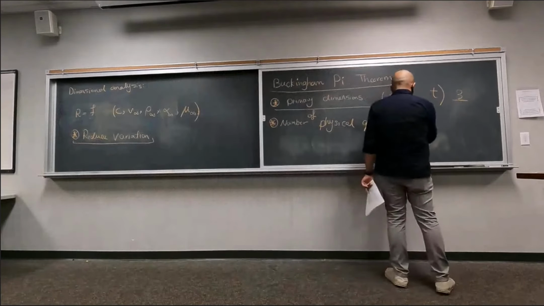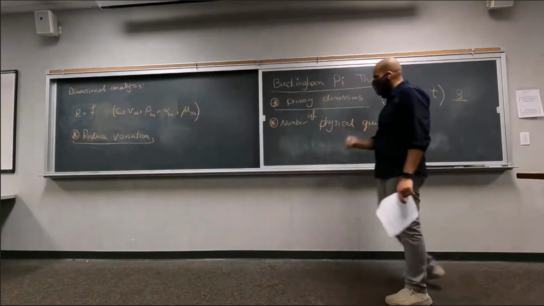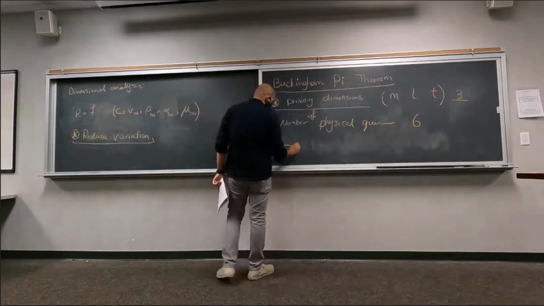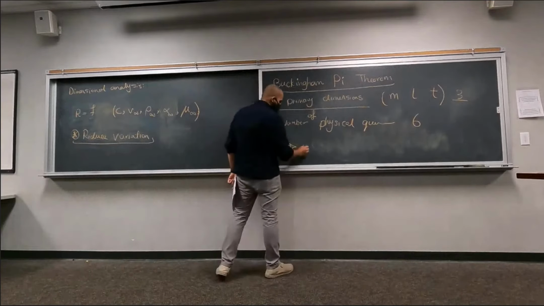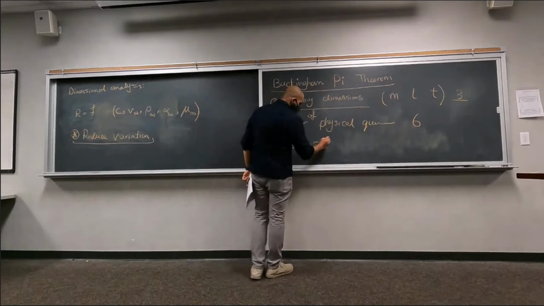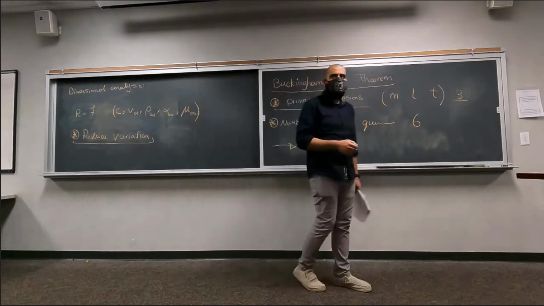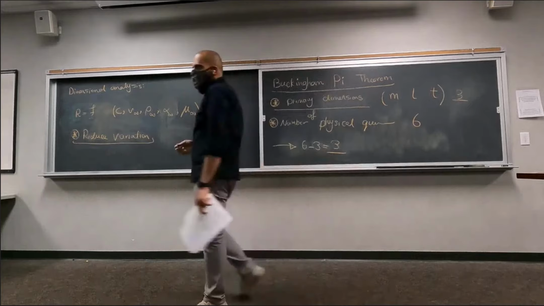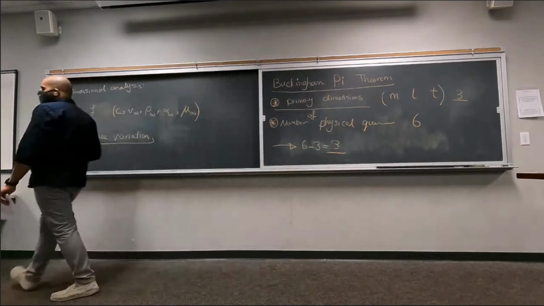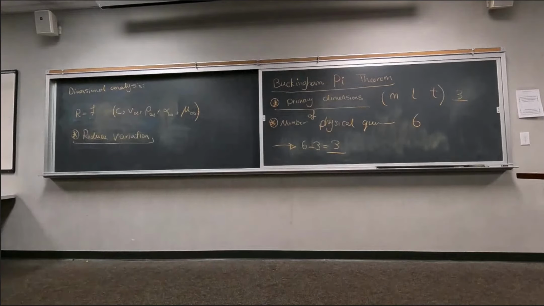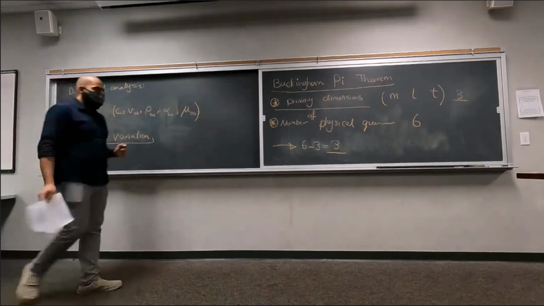So make sure not to make that confusion. And then just subtract the two numbers. The resulting number will be the number of dimensionless parameters you are going to need to be able to quantify this problem, right? Finding the force as a function of all of these things, right?